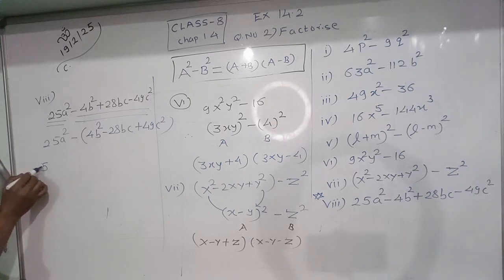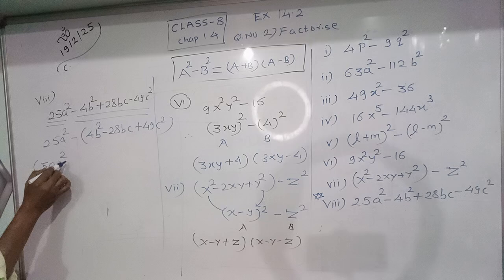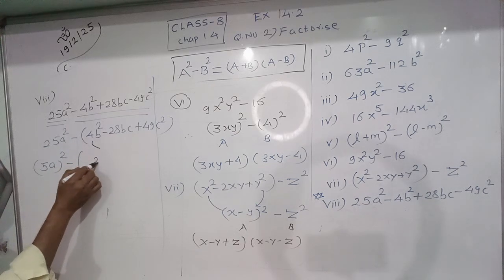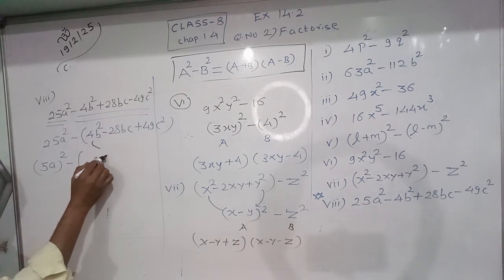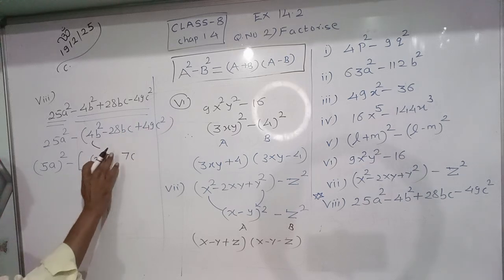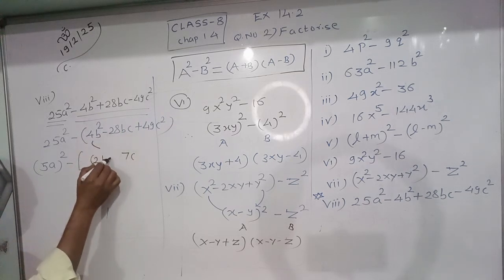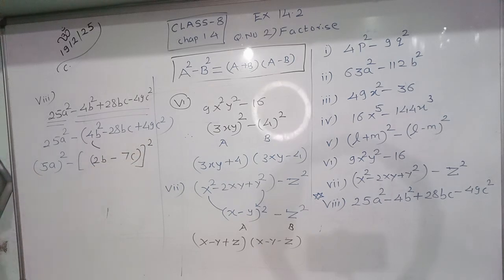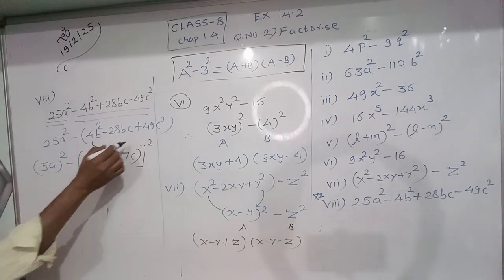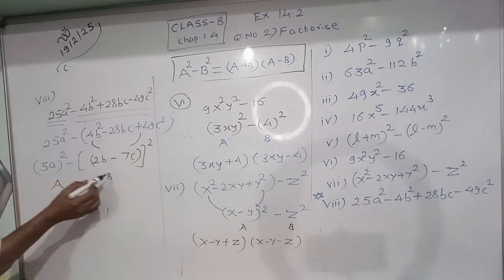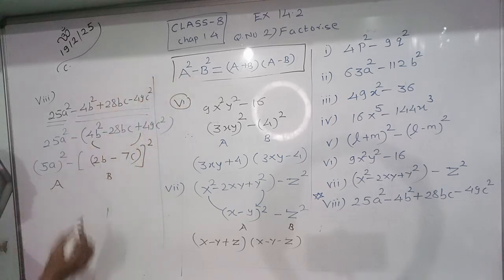Now 25a square can be written as (5a) square. Now again make use of the previous trick. Square root of this is 2b. Square root of this is 7c. And the sign of the middle term is minus, and this bracket square. Now see this magic. Here this term is a and this term is b. A square minus b square.